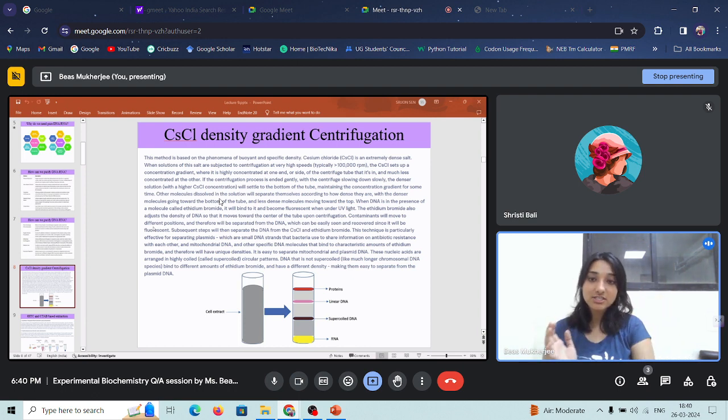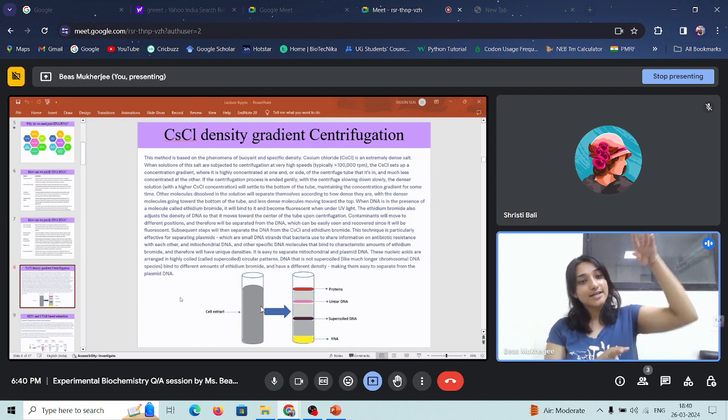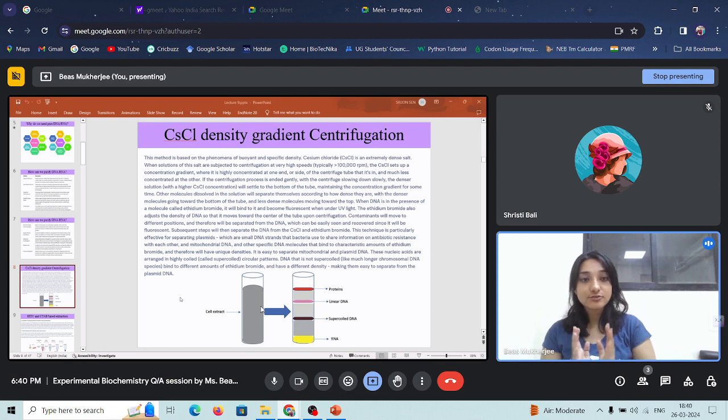If you look at the figure, initially there was cell extract which had DNA, RNA, proteins, lipids, everything, right? After that, the heaviest ones settle at the bottom and the lightest ones settle at the top. This is isopycnic centrifugation.